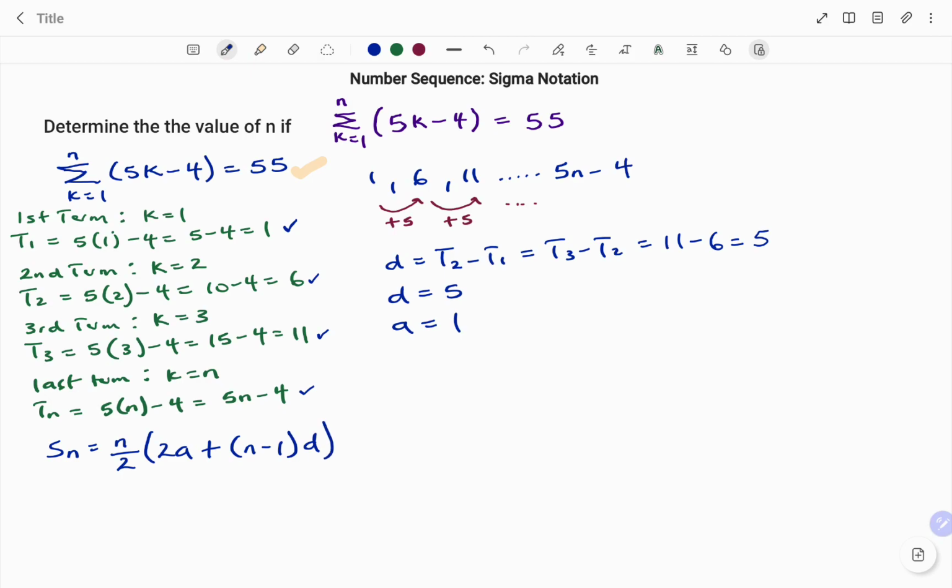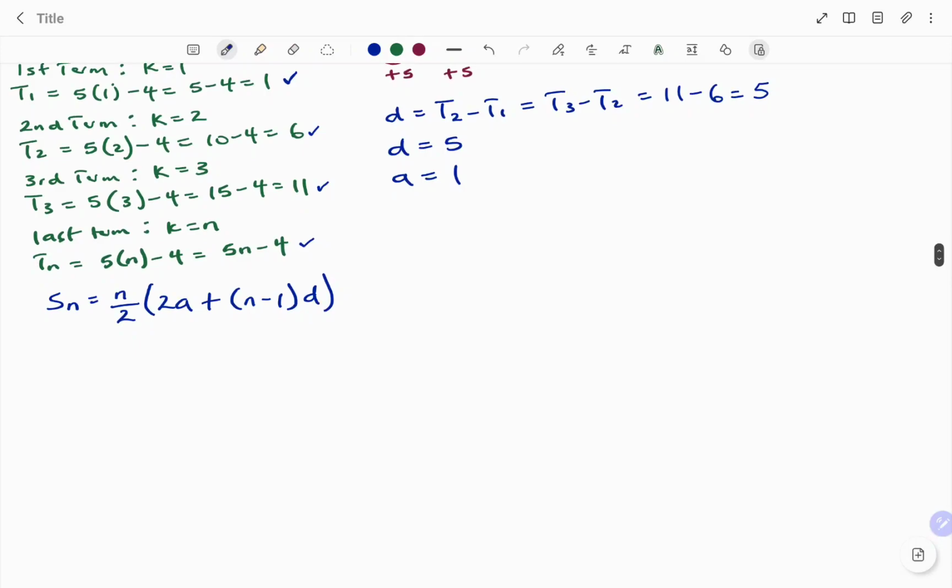We are not sure what n is, we have to find n, but we have all that equal to 55. So we have n over 2 in bracket 2 times our first term, 1, plus n minus 1 times the common difference, 5, all equal to 55.